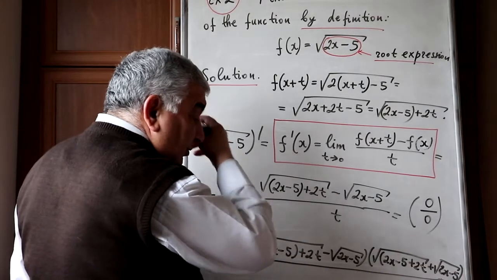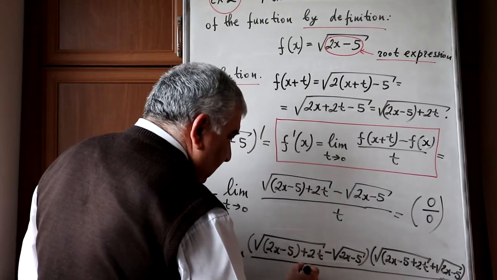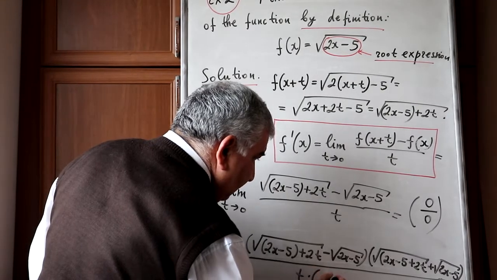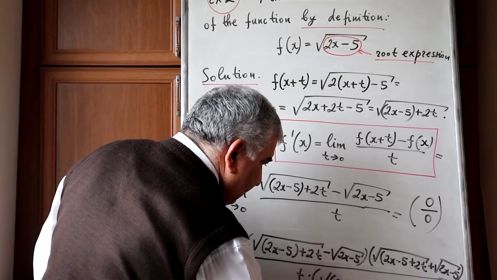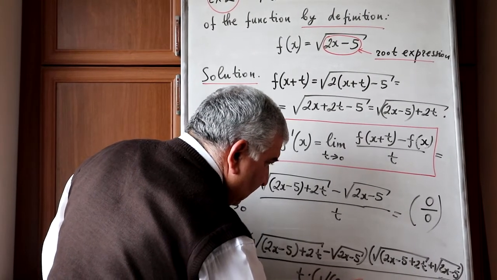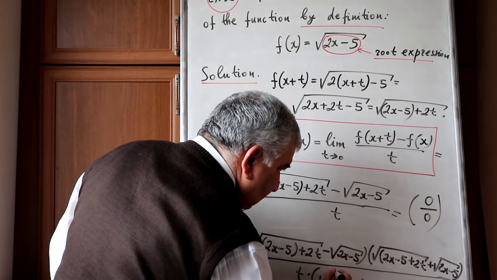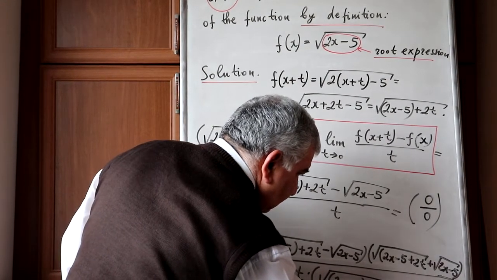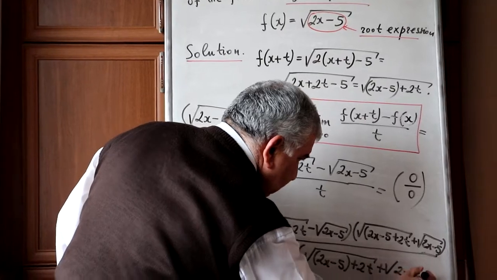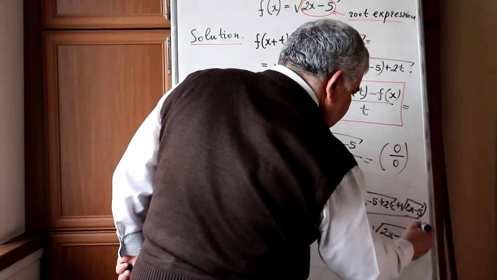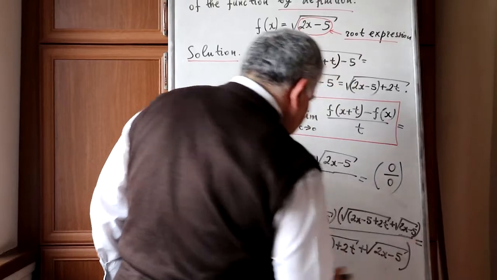And also multiply the denominator by the conjugation of numerator. Close parenthesis and continue.